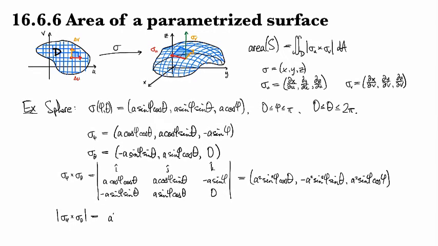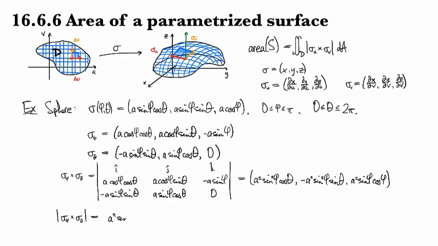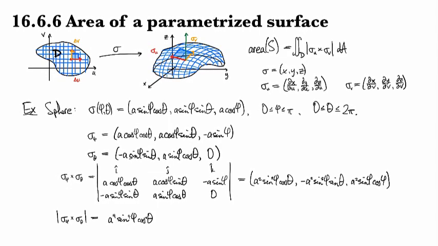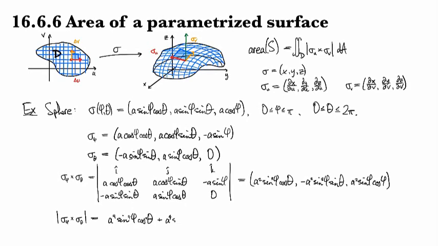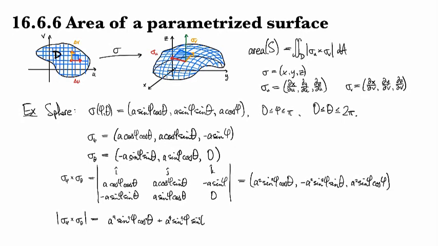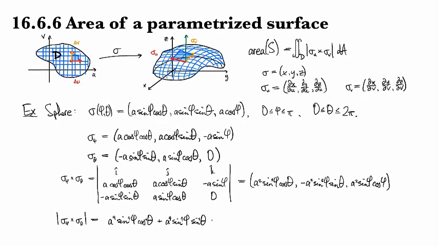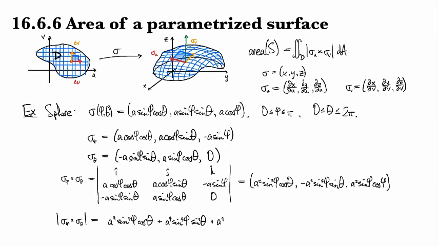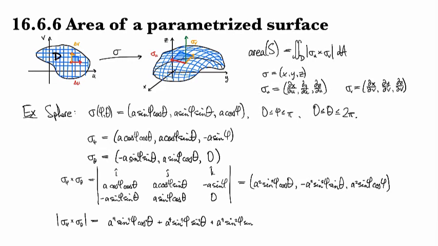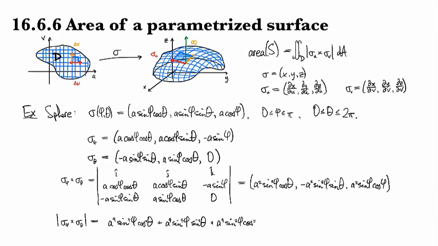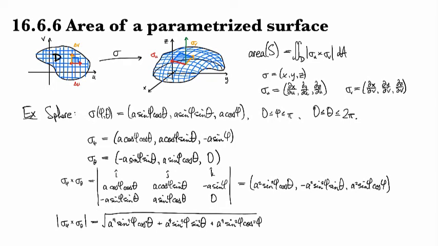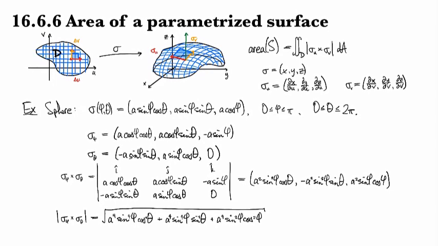So we have A to the fourth sine to the fourth phi cosine squared theta plus A to the fourth sine to the fourth phi sine squared theta plus A to the fourth sine squared phi cosine squared phi. And then you can probably smell what's going to happen next. We're going to have some massive simplification. I hope so, right?